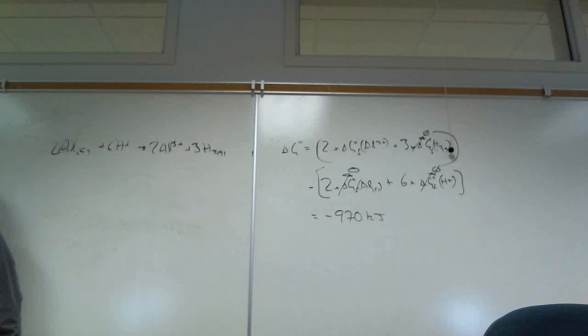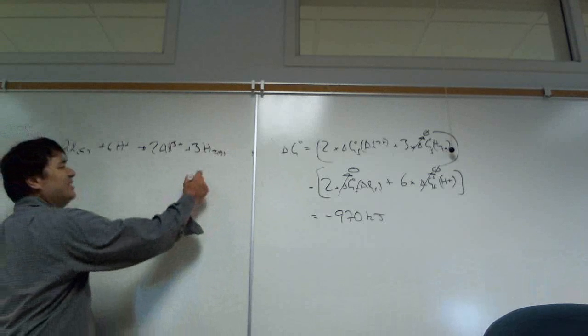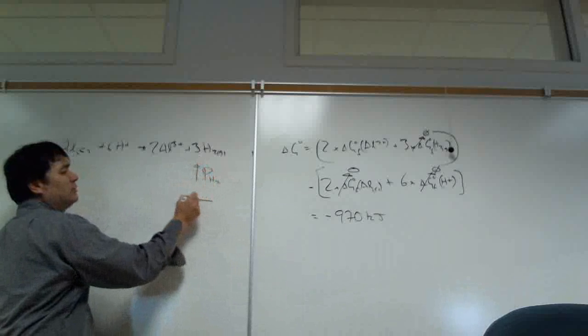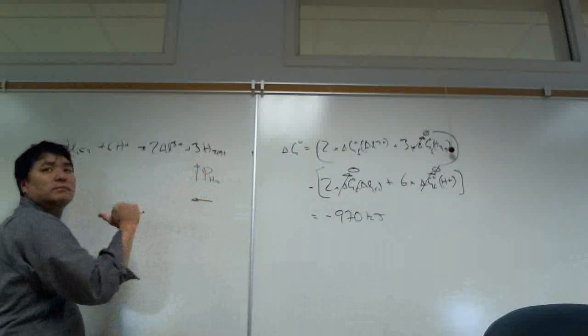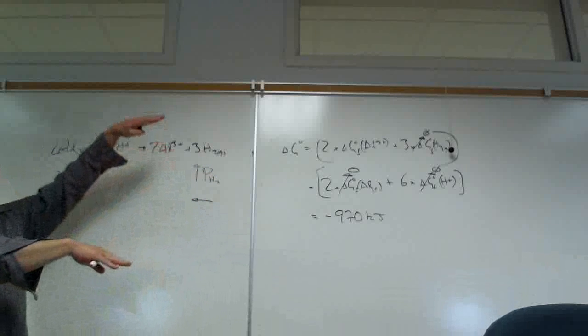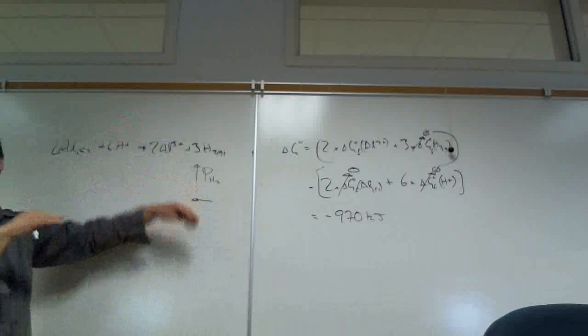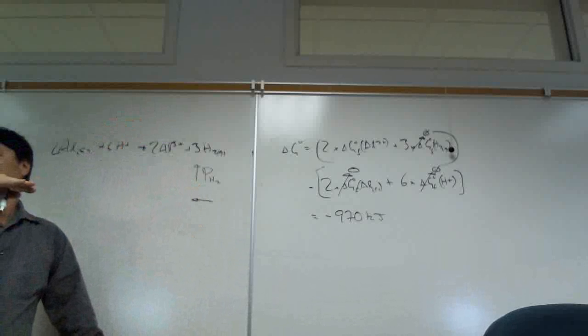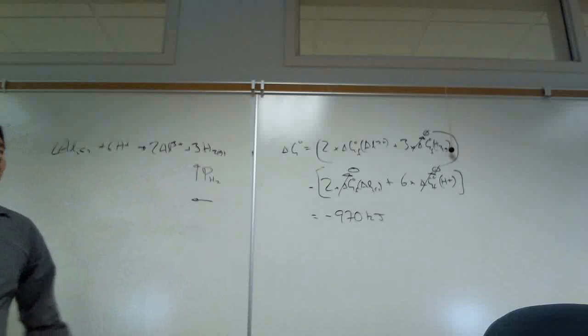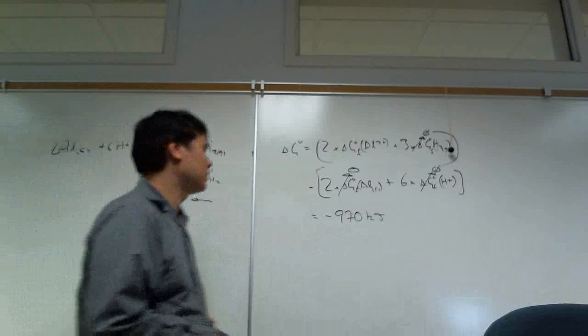Maybe I could try to go non-spontaneous. For example, if I increase the hydrogen pressure, I could shift this way. And so maybe there's a hydrogen pressure where I can increase it so much that it stops the reaction from going forward. Let's see if we can figure out what that pressure would be.